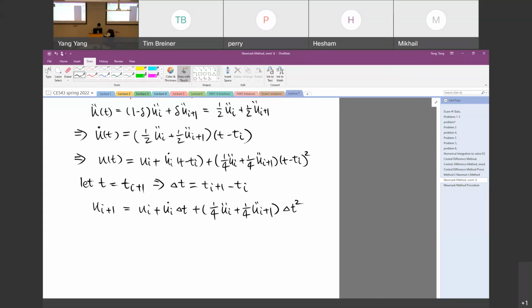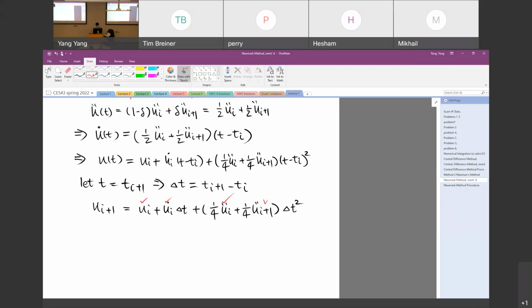And so that we can solve for the acceleration here. Because typically at the start of a program, the u i is known to us. This is known, because that's the response at the earlier time, and the acceleration is also known to us at a later time over here, because we approximate the acceleration based on the beta value.